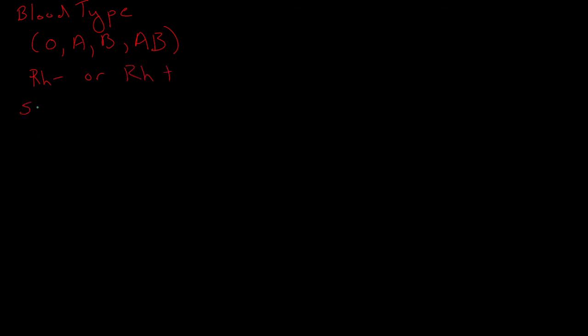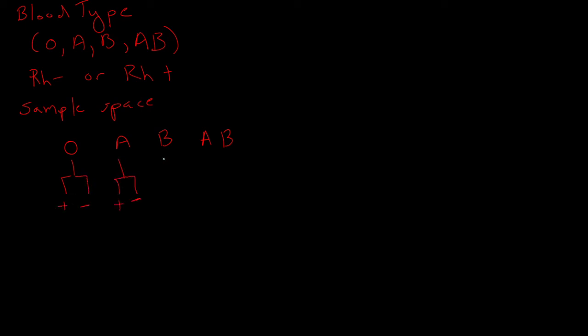So if I were to randomly pick human beings and test their blood, my sample space, my possible outcomes of those tests would be, well, let's build a tree. They could be O, A, B, or AB. And then subsequently, that could be plus or minus.